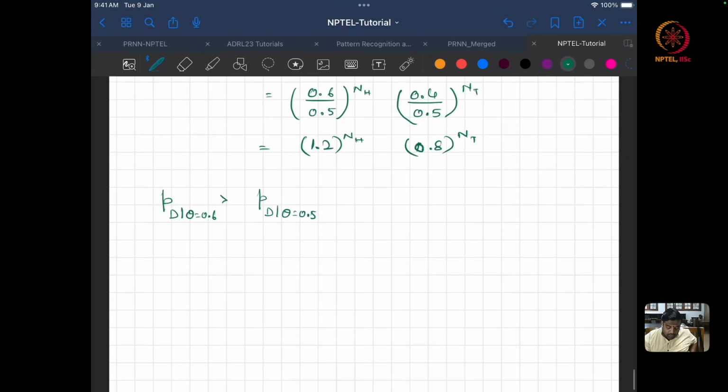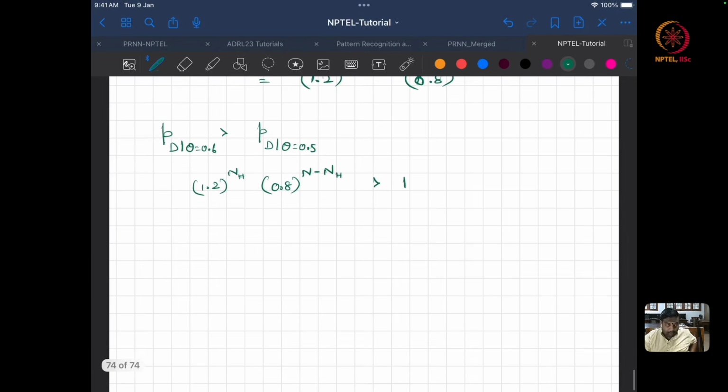So this is the same as 1.2 to the power of nh into 0.8 to the power of n minus nh is greater than 1. Okay.